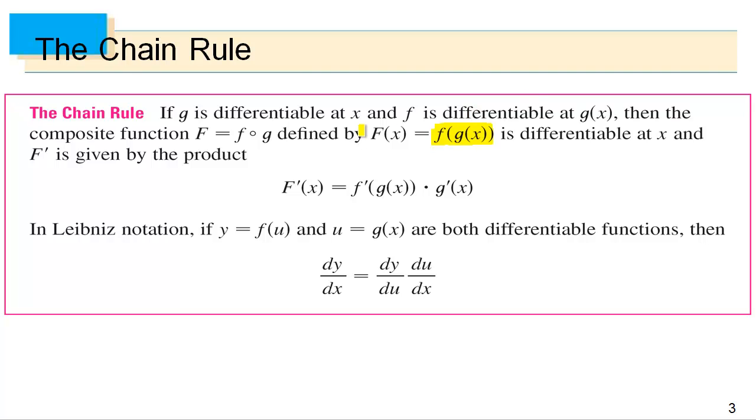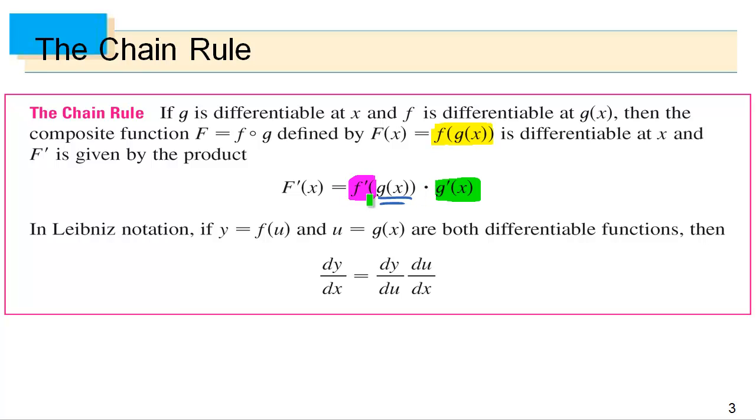When you're taking the derivative of the big f function, the normal function, what you're really doing is first taking the derivative of the outside function, and you'll notice that the inside function doesn't change at all. It's still just g of x. And then the second step is taking the derivative of the inside function, and you get the product of those two.